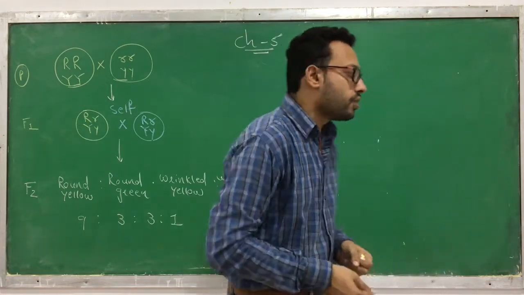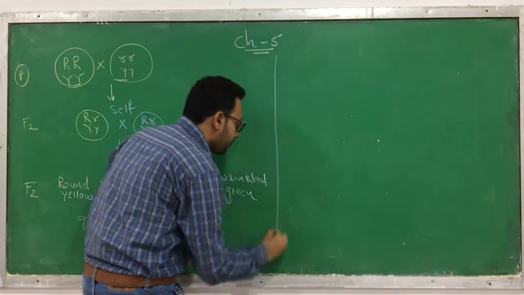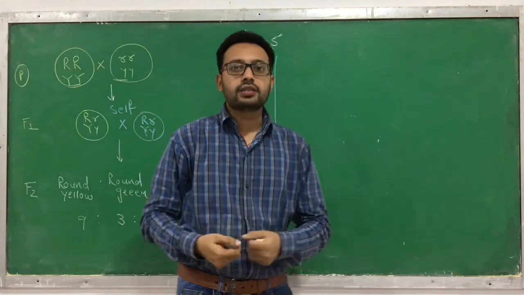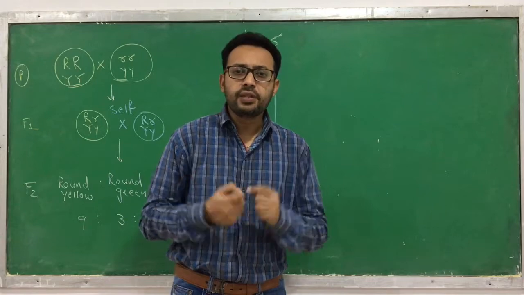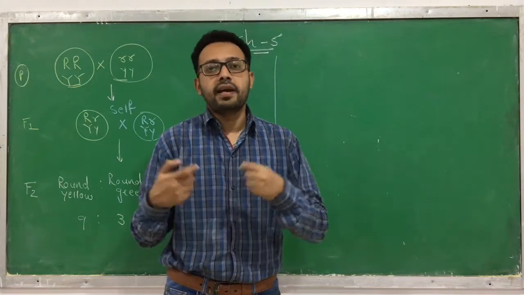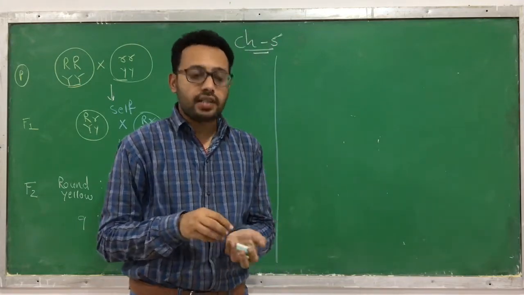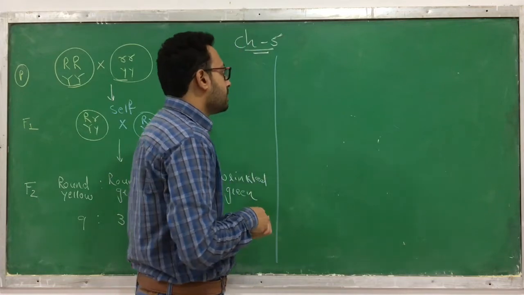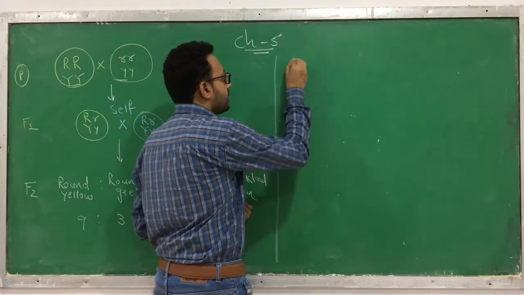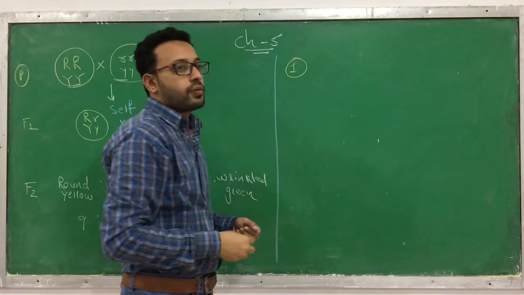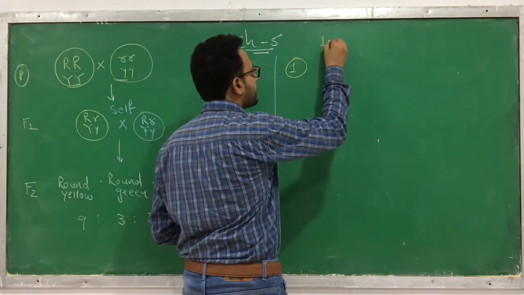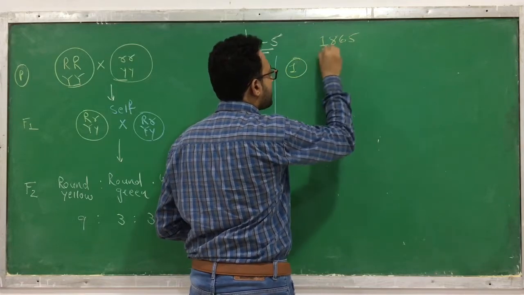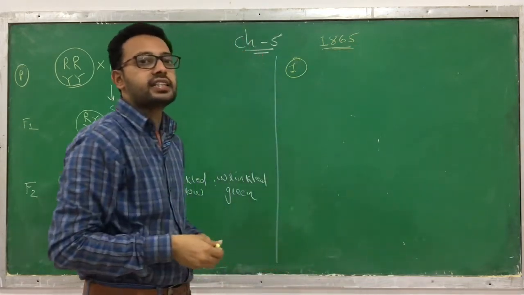Now, today we have to see why Mendel's work was not published and recognized this much. There are a few limitations, due to which Mendel's work was not widely known. What are the reasons? Mendel did his experiment in 1865.